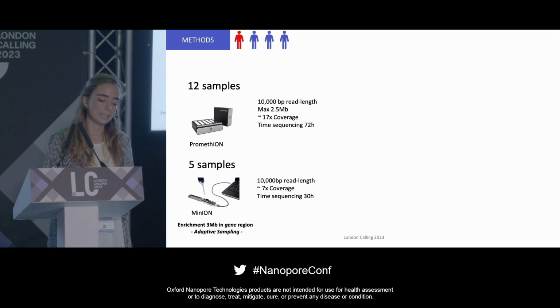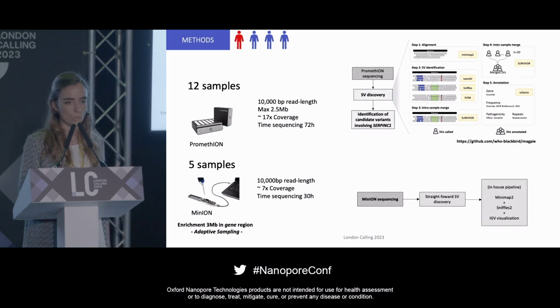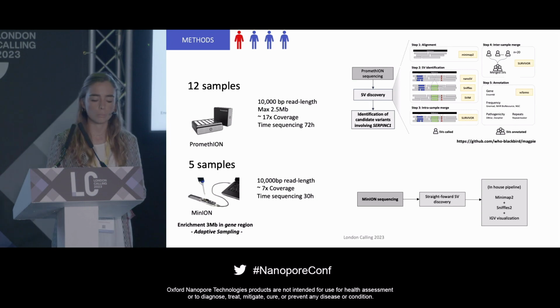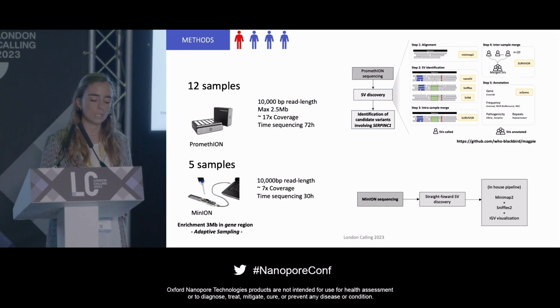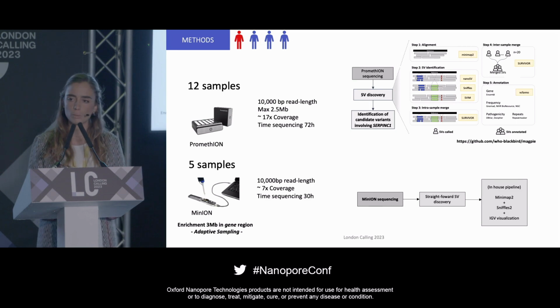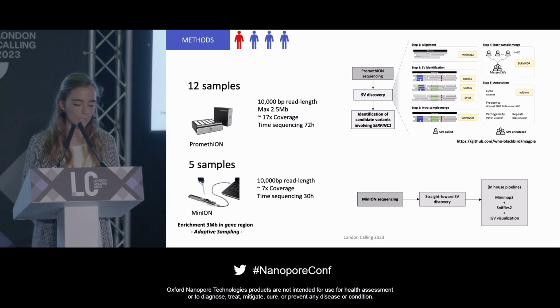The data analysis was different between these 2 approaches. For the PromethION samples, a more complex multimodal pipeline was designed because these samples were included in a larger group of samples. This pipeline included alignment with Minimap, structural variant calling by Sniffles, and intra- and inter-sample merge in order to search for our variants.